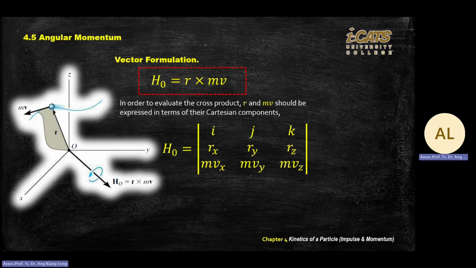Okay, so this is just a recap of how you rewrite the cross product in vector into a matrix form. And if it's 2D, then your K will be 0 here. So if you're given a plane problem or 2D problem, either you're given Z and Y, then your X will be 0, or you're given X, Y, then your Z will be 0, and so on.